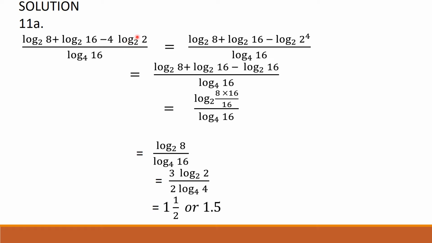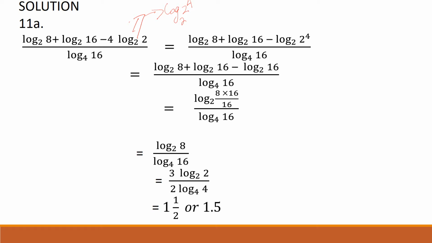Now we are going to start by simplifying this particular one, where we have the coefficient of this log to be 4. So let's simplify it. This is the same as log of 2 raised to the power 4, base 2.